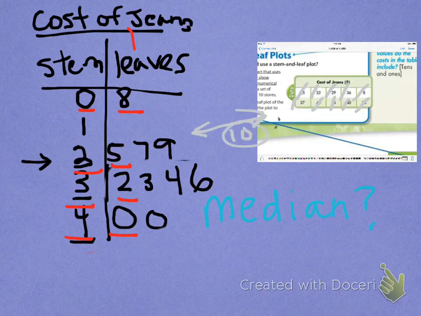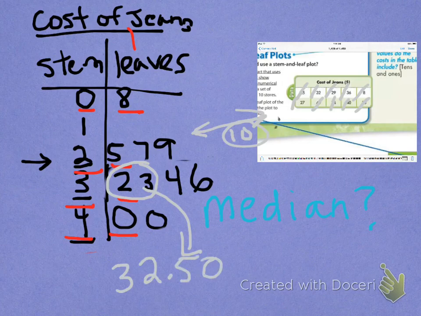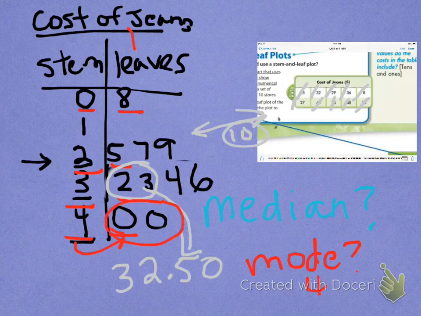It would be 5, so the median is going to be between 32 and 33. And what's between 32 and 33? It would be 32.5. The other question they're going to ask you is the mode, and remember the mode means which one repeats. You can see the double 0 here, so you know that 40 would be your mode.